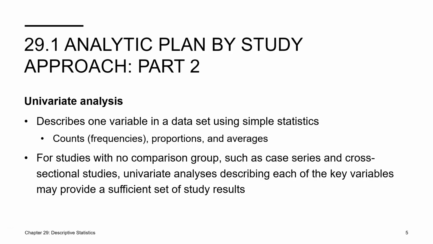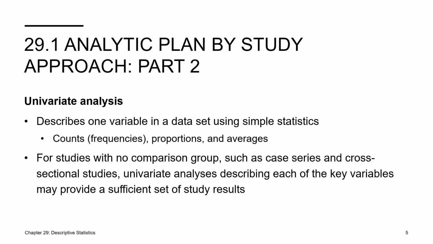This may be counts or frequencies, so the number of people that have, say, a certain disease or outcome, proportions, which can also be presented as a percentage, and averages, which is also called a mean.